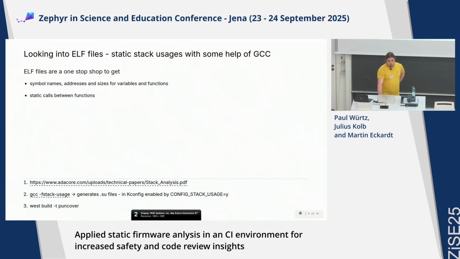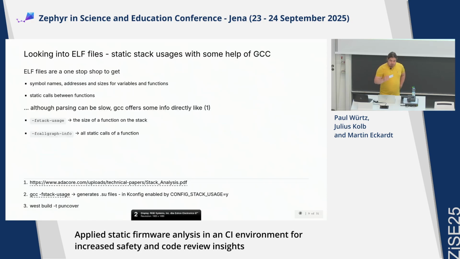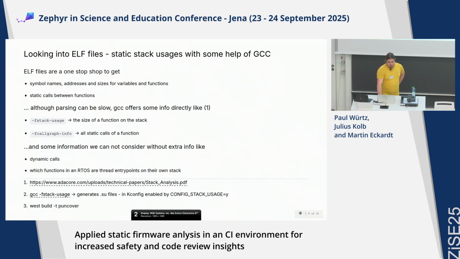And if you have your build files and can integrate it in your build system, it also can tell you the stack usage, the worst case stack usage, and that can be done by some information GCC can generate out to .su files, where the worst case stack usage of each function is shown line by line.